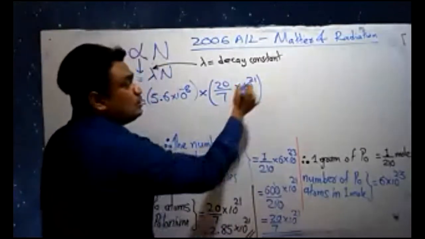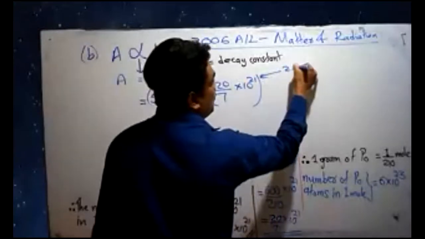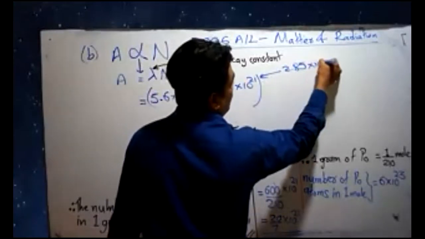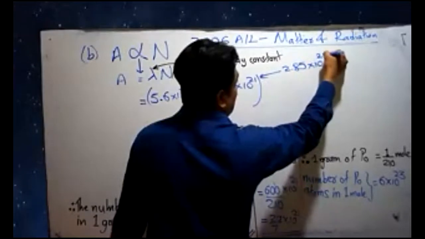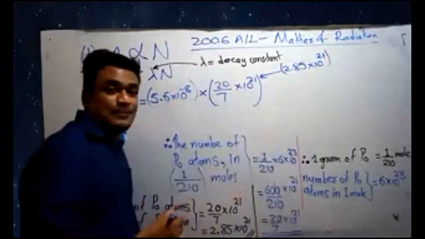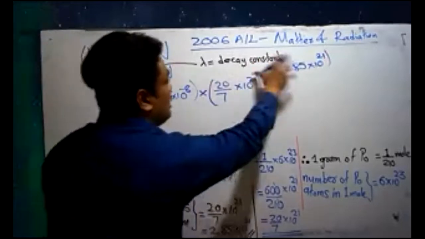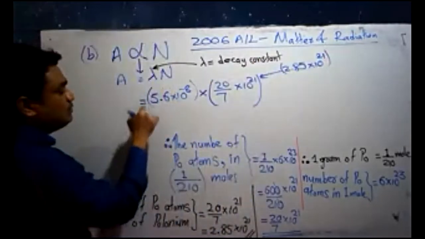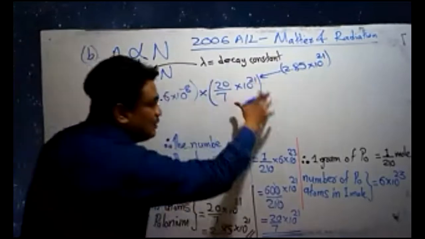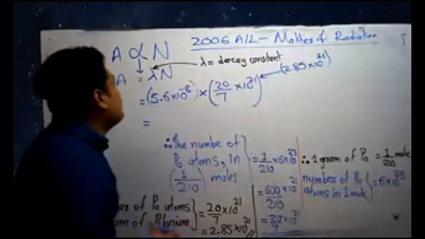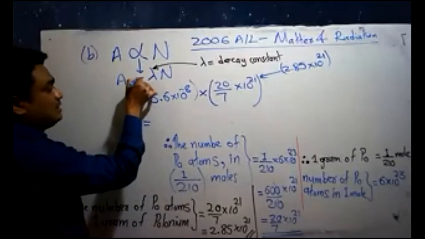Never use 2.85 into 10 to the power 21, because then simplification will be difficult, and you will not get the correct answer. So please write down everything like this, simplify, and tell me the activity.